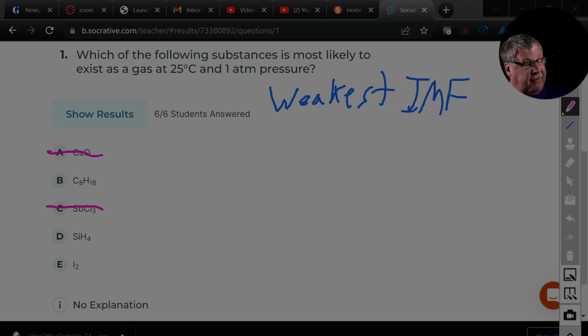That leaves us with three possibilities. If we look at all three of these, we would come to the same conclusion that they all exhibit dispersion forces as their strongest intermolecular force. All right, so we've gotten down to that criterion.